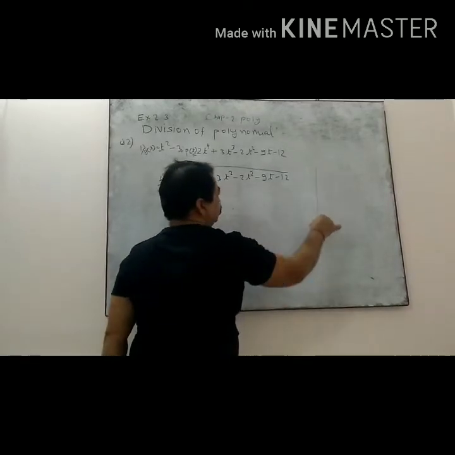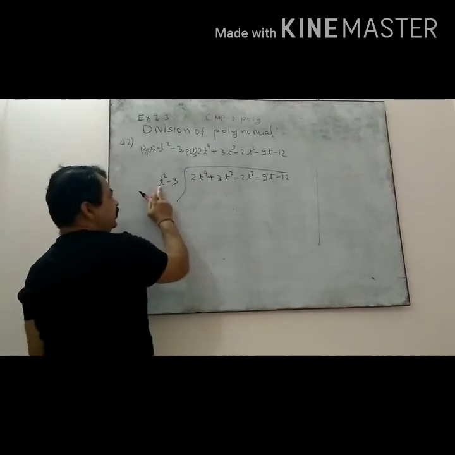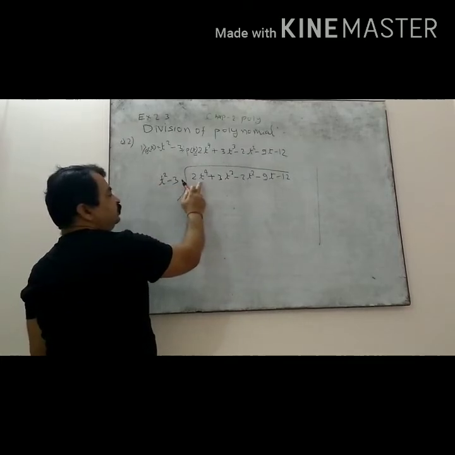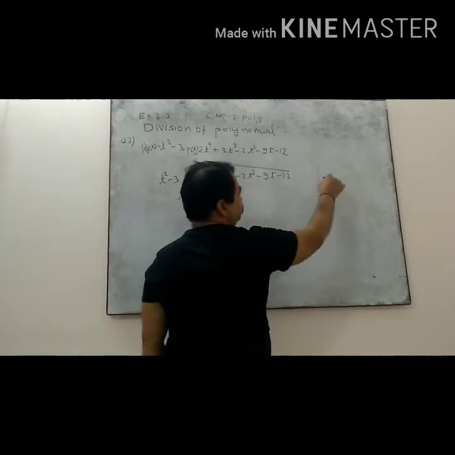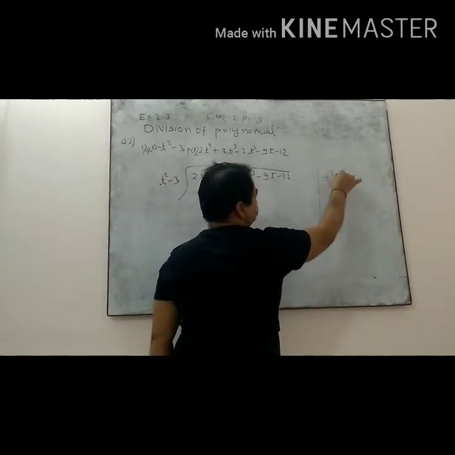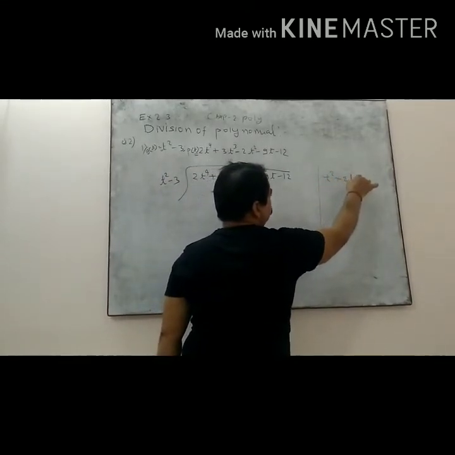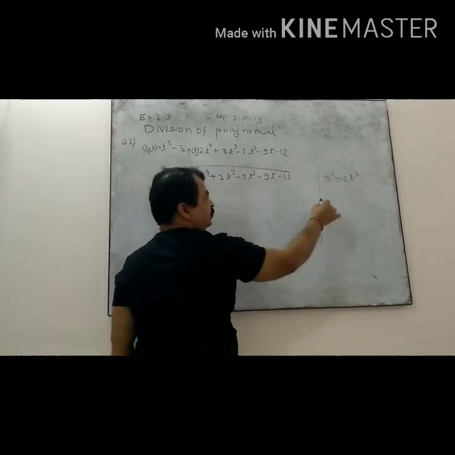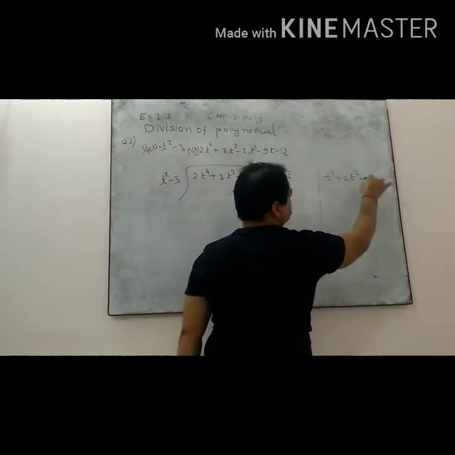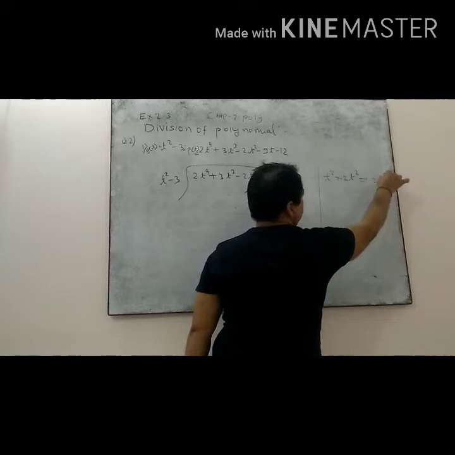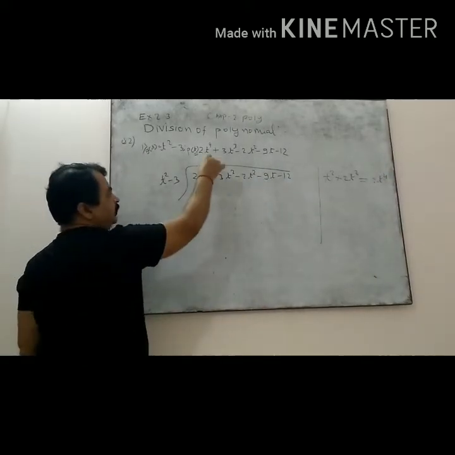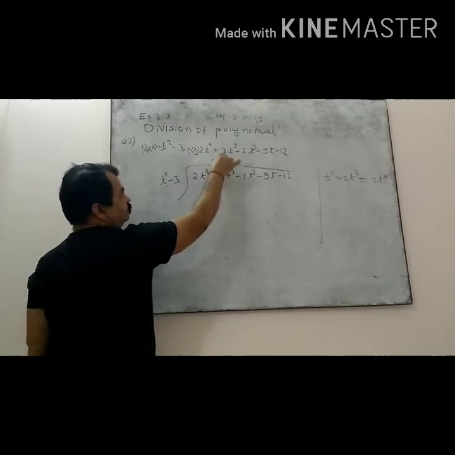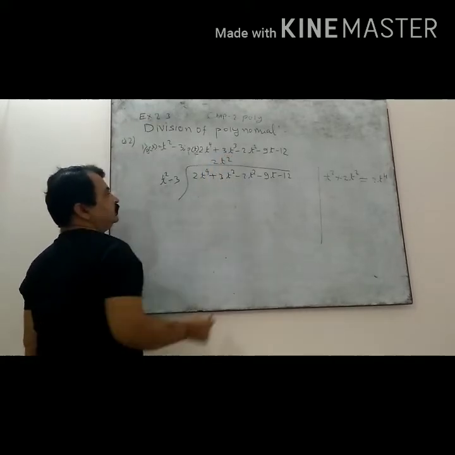Now the same question you will do. I am doing rough work here. What do you multiply t square by to get 2t raised to the power 4? Definitely 2t square. So t square into 2t square gives 2t raised to the power 4. So how many times will you take it? 2t square. Clear?